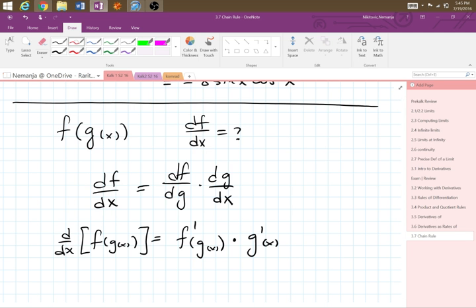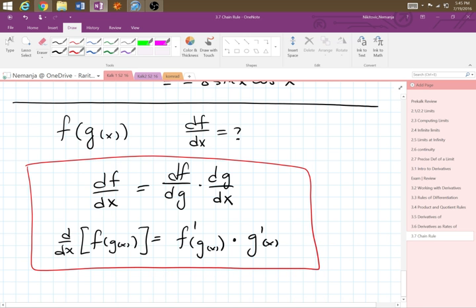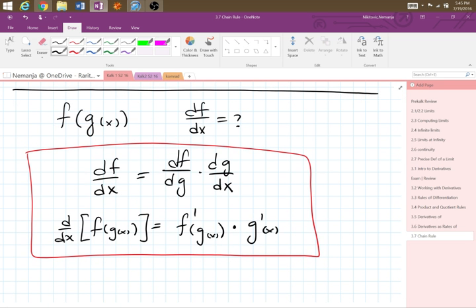So these two formulas are the same formula, except they're represented with different notation. And you can see the chain over here. Canceling these two, you get df over dx equal df dx. And that takes care of that.